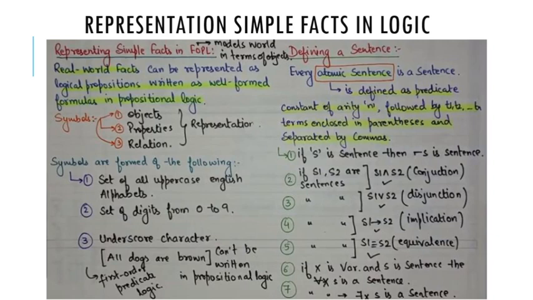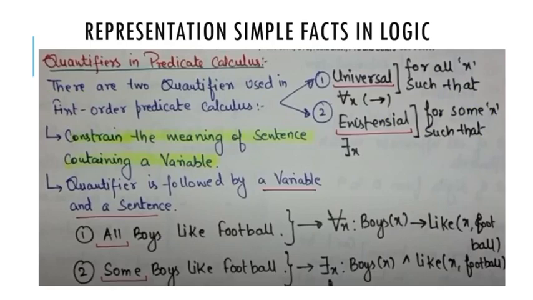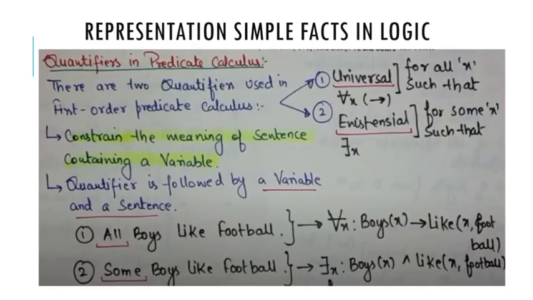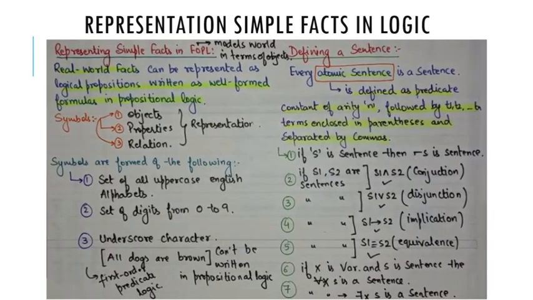Coming to the seventh one: if x is a variable and S is a sentence, then not for every but there exists x, S is a sentence.